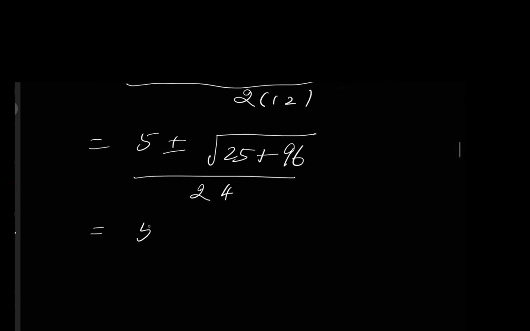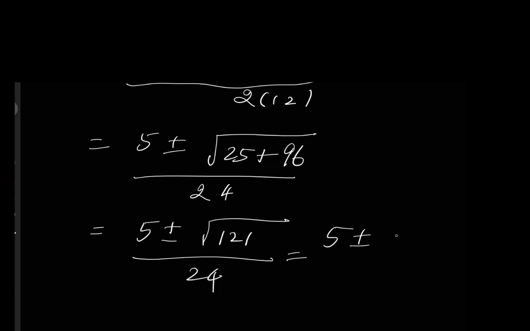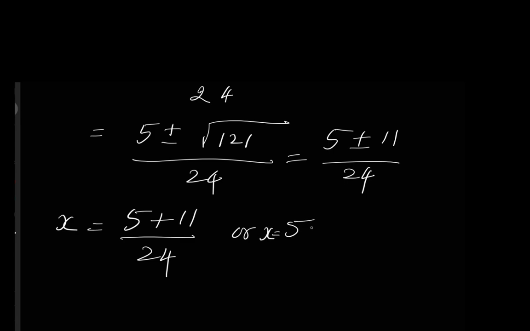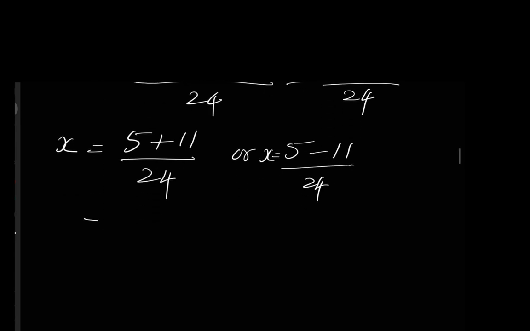So this is 5 plus or minus root of 121 divided by 24. That is 5 plus or minus 11. Square root of 121 is 11. So by 24. So x equal to 5 plus 11 by 24 or x equal to 5 minus 11 by 24. 5 plus 11, 16 by 24.